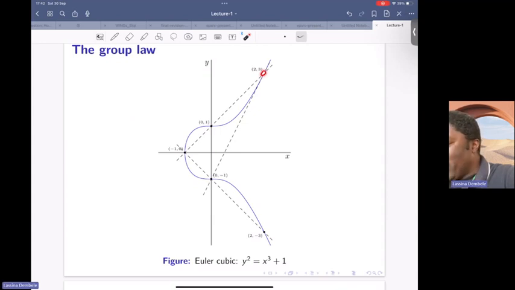And then when I reflect this point (2, 3), I recover this point, which is (2, -3). And then you see that these points that I have now, I can basically add them by hand.